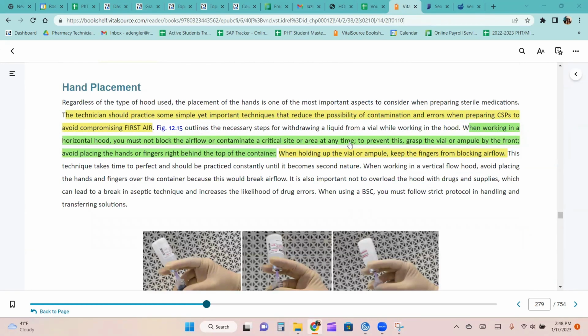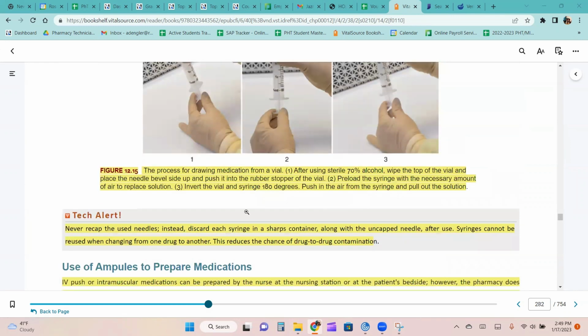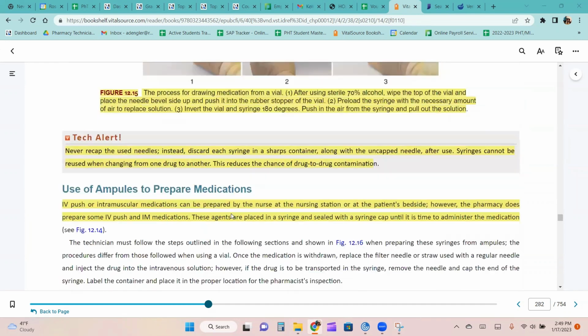To prevent this, grasp the vial or ampule by the front. Avoid placing the hands or fingers right behind the top of the container. When holding up the vial or ampule, keep the fingers from blocking airflow. This technique takes time to perfect and should be practiced constantly until it becomes second nature. And it just kind of shows you the process.